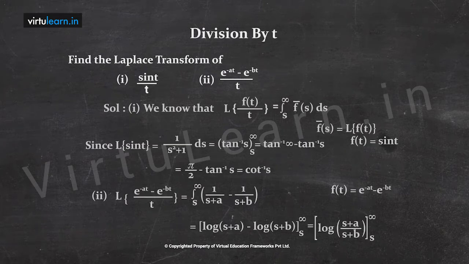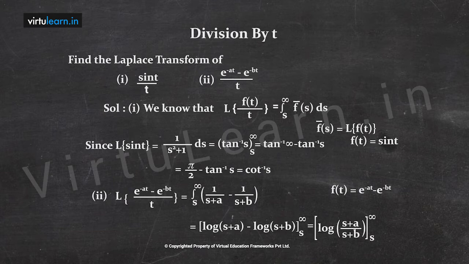Now we know that the Laplace transform of f of t by t is integral s to infinity f bar of s ds, where f bar of s is the Laplace transform of f of t.